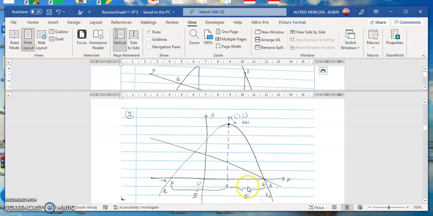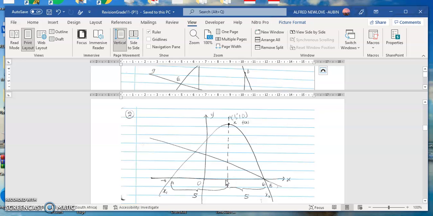So the distance from here to here is 5. It must also be 5 on the other side, because this is the turning point and the line of symmetry divides the graph into two equal parts. That's why we have 5 here and 5 here.